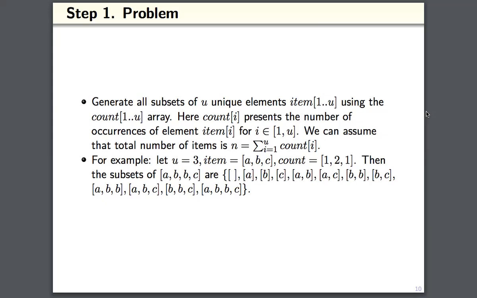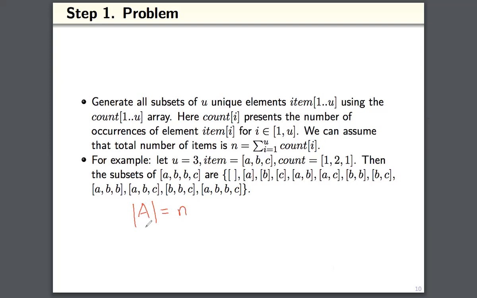Make sense? Okay. Now you want to generate also. Another point I wanted to make: think about the equivalence between subsets and binary strings. Let's say A is a set with n elements.